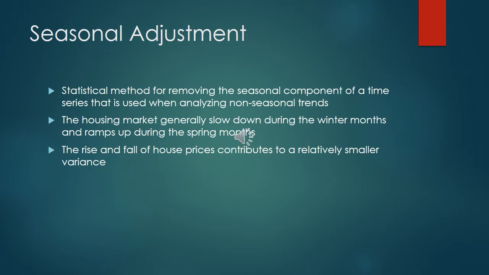The seasonal adjustment component of the statistics is the statistical method for removing the seasonal component of a time series, used when analyzing non-seasonal trends. The housing market, for example, generally slows down during the winter months and ramps up during the spring months.